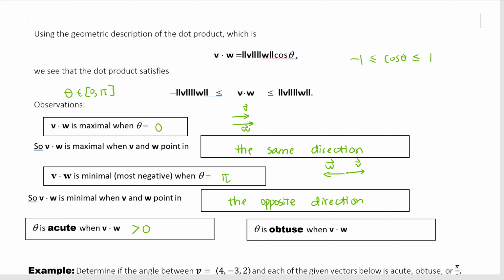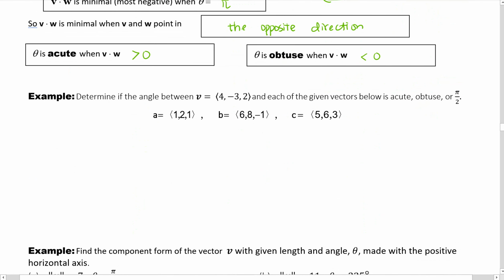Theta is obtuse when the dot product is negative, because cosine of an obtuse angle is negative. Why? Look at the picture of cosine. Cosine looks like this, right? This is 0, this is pi over 2, and this is pi. So for an acute angle, cosine is positive. For an obtuse angle, cosine is negative. So far, so good, everybody? All right, let's continue.